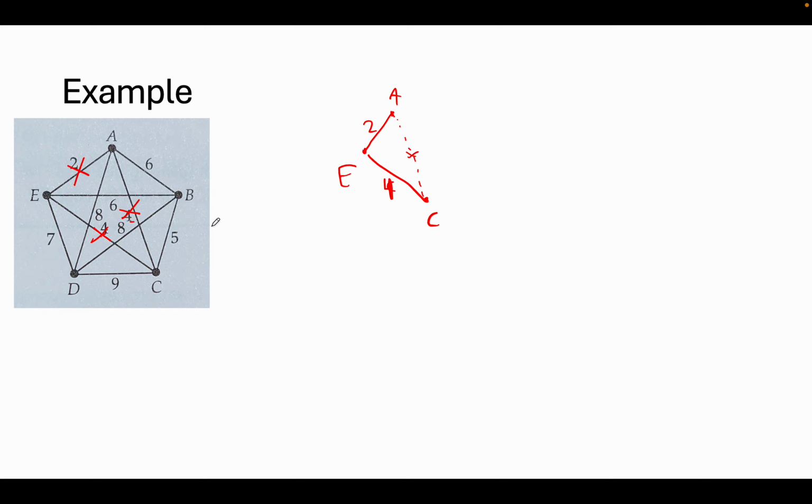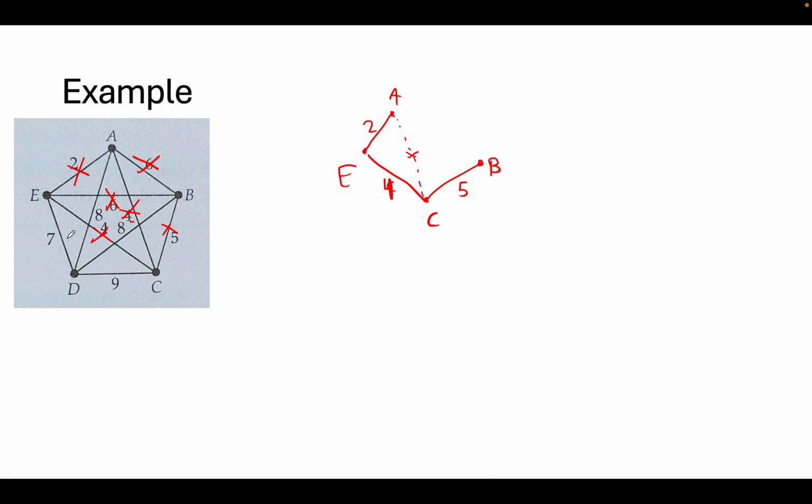The next biggest one is BC, 5. So we did that. The next biggest one is either BE or AB. I don't think we can do either of those, because that would make a cycle, right? So no to that, no to that.